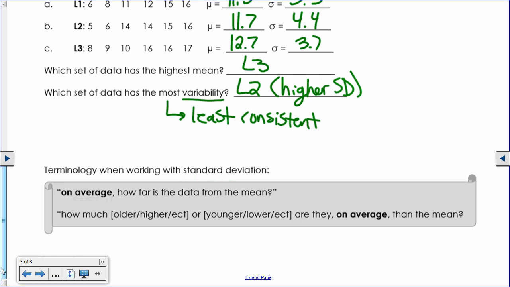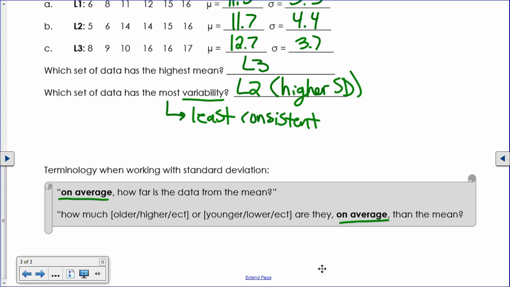Alright, so some terminology you guys need to be aware of. These are 2 different ways that they're going to ask you about the standard deviation. They always use this language, the on average thing. So whenever you see that, that's a good indicator they're talking about standard deviation. So on average, how far the data is from the mean, that's another way of expressing the standard deviation, right? And then how much older, higher, etc., whatever they're talking about in the context, something is on average than the mean.